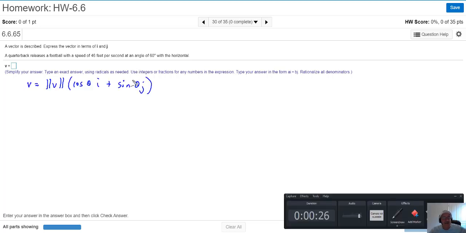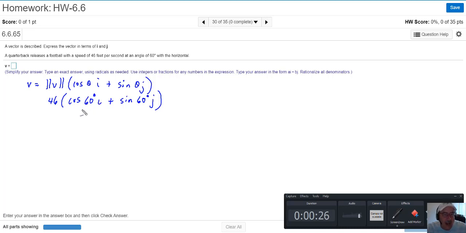All right, so we are going to use this formula, the magnitude of v, which we're going to say is the speed in physics, 46 feet per second, so we're just plugging that in there, times the cosine of the angle, which is 60 degrees, i, plus the sine of 60 degrees j. Once again, back to the unit circle when you can do it.